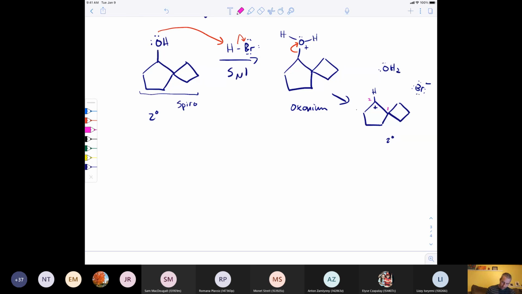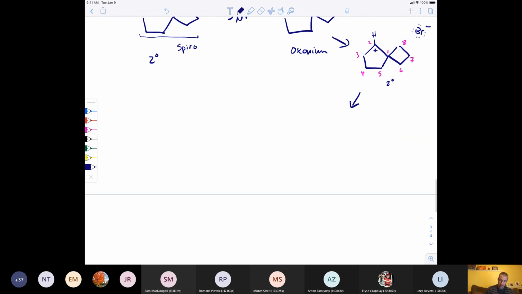So 1, 2, 3, 4, 5, 6, 7, 8. We have to be very sure we have 8 left in our original. So what would happen with a ring expansion is, look at it like this for a second. Let's say I erase those to leave you with this. This would be straightforward, like the one we did in the previous one. We'd say, okay, methyl shift, no problem.